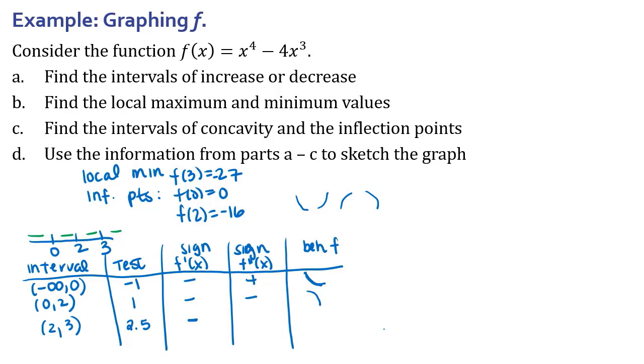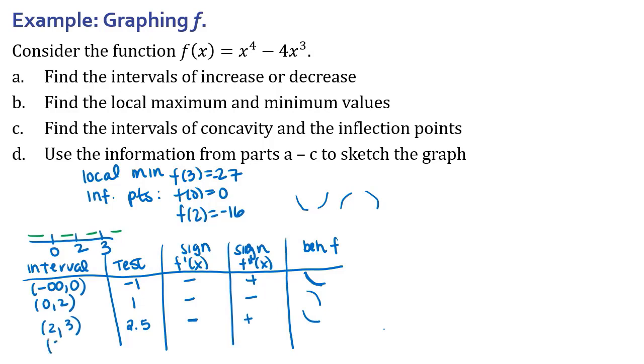On that second derivative, at 2.5, if I put that into our second derivative test, this would end up being positive. So this function is going to look like this here. Oops, not like that, like this.